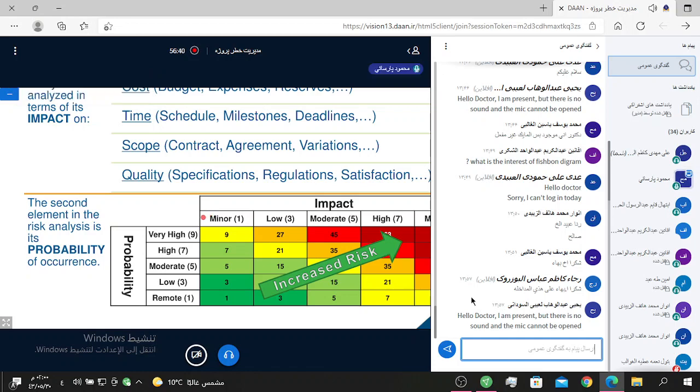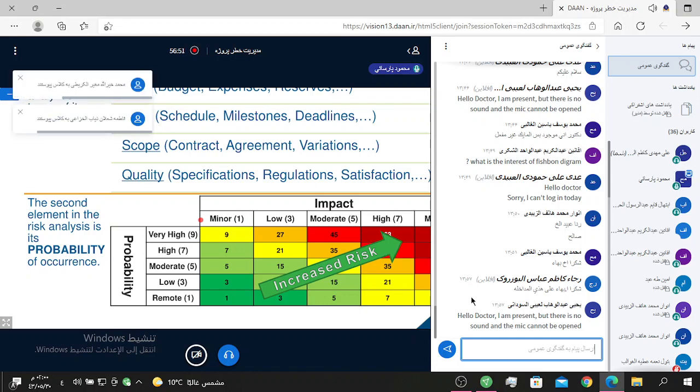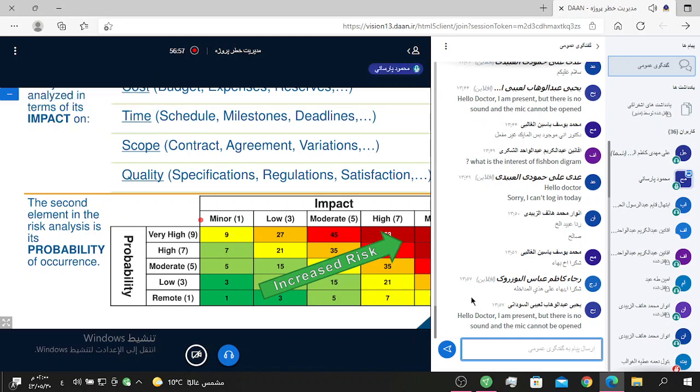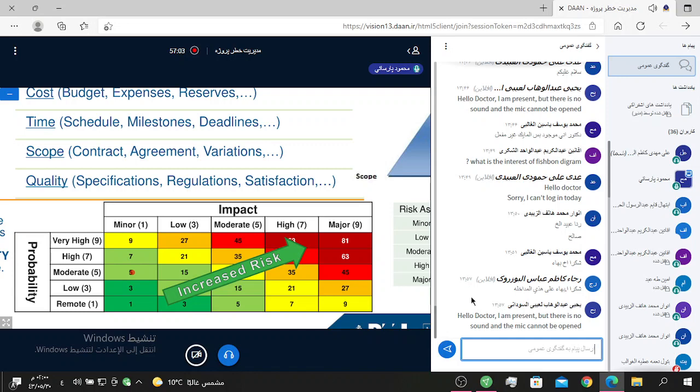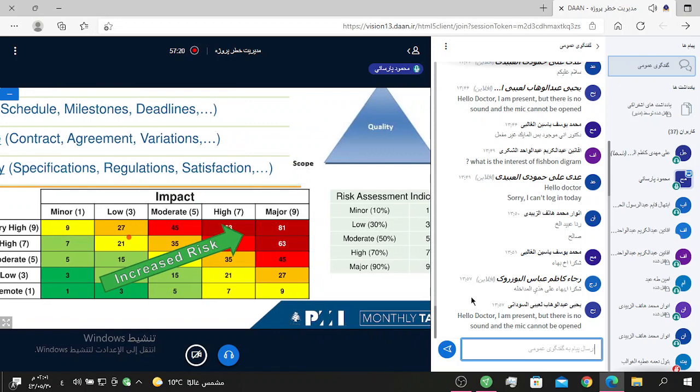The probability levels on the left in this project's standard are: very high, number 9, high 7, moderate 5, low 3, and remote or very low, number 1. And about impact or effect in this project: minor, that is very low, number 1, low 3, moderate 5, high 7, and major or very high 9.